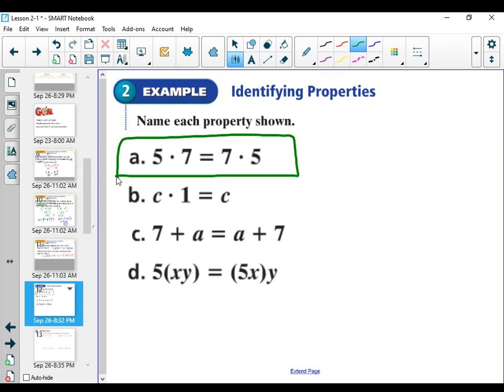Is there a times 1? Did we change the group or did we change the order? Oh, we changed the order. This is the abbreviation you can use. Please don't make up your own abbreviation.